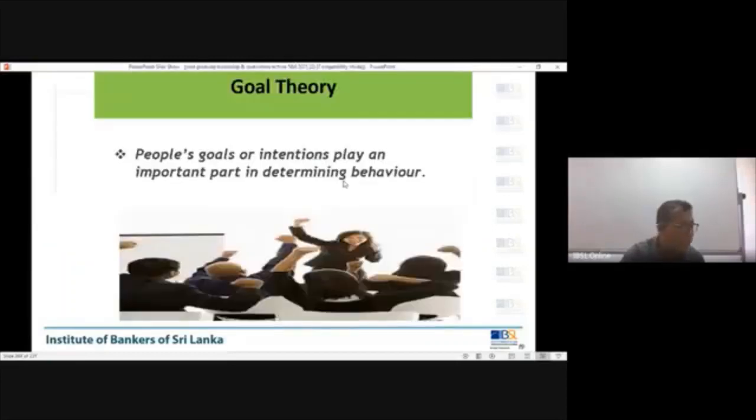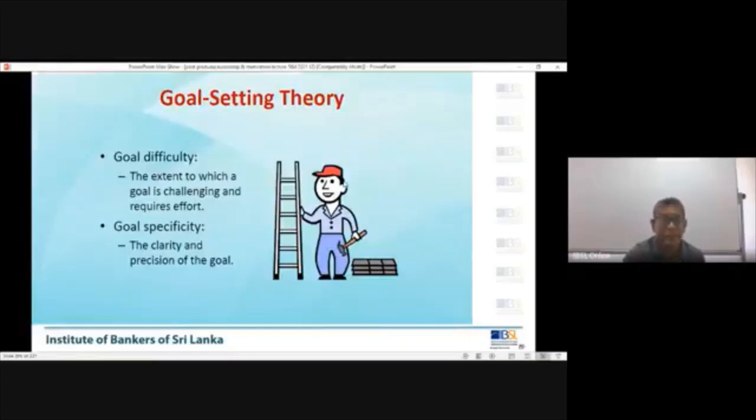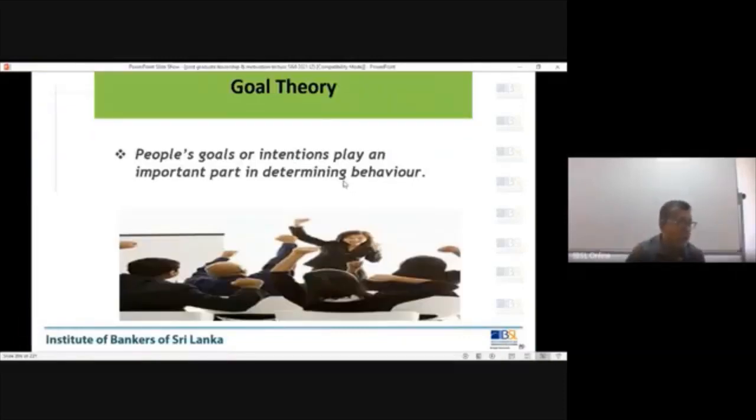So the next theory we call the goal setting theory. We discussed this a little bit in leadership theory, but the goal setting theory was developed by Edwin Locke, the guy who developed this.